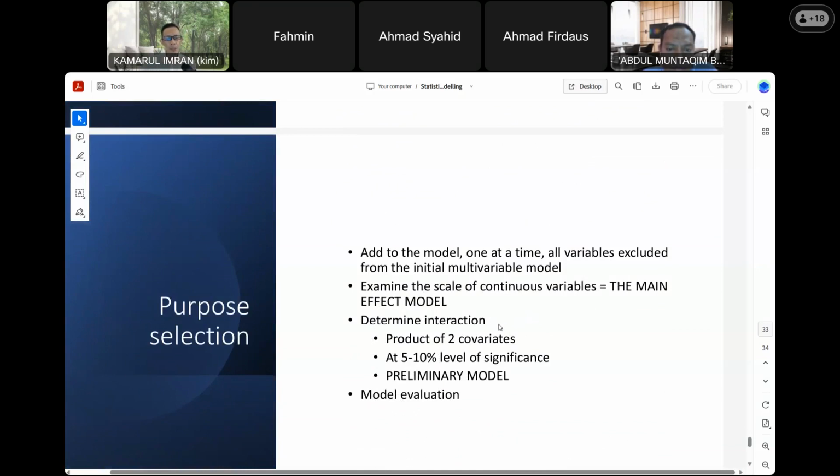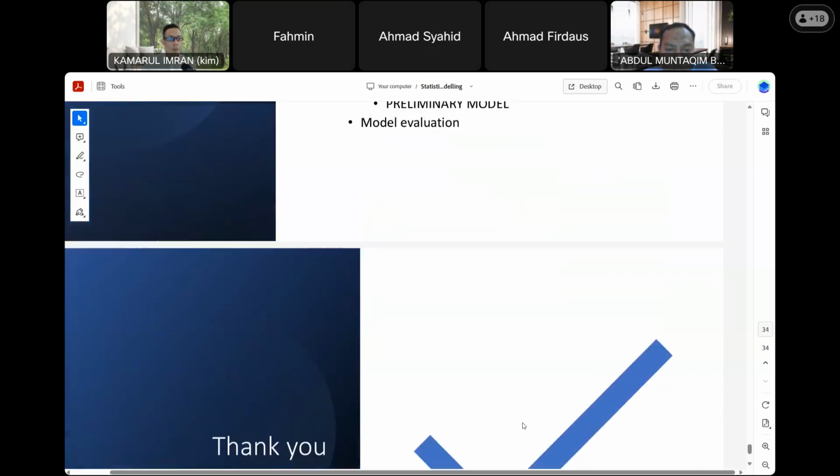After you check interaction, you keep some interactions that are significant, ataupun interaction yang not significant but you want to keep in the model, that is called the preliminary final model. Not preliminary model but preliminary final model. You do model evaluation or model assumption checks. After that, barulah dia consider as final model.